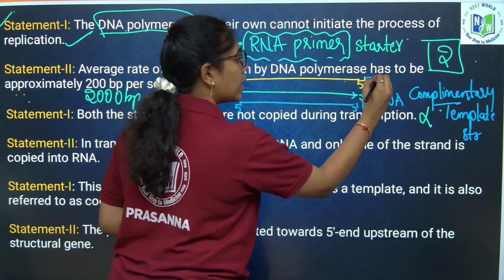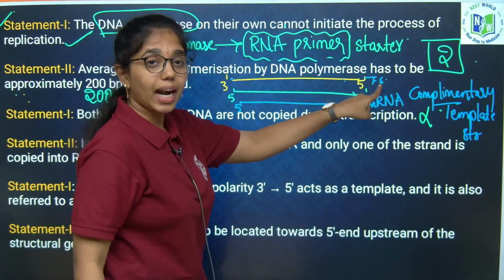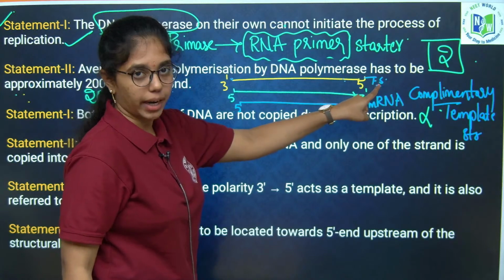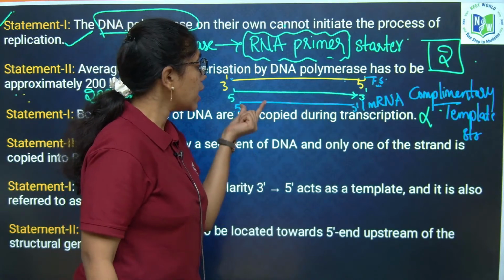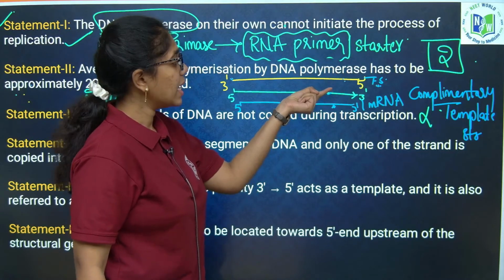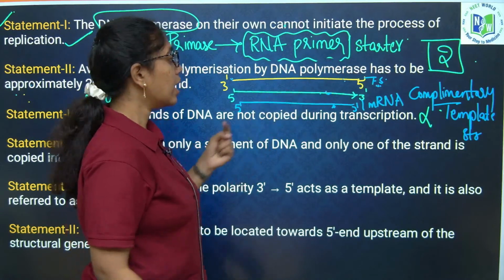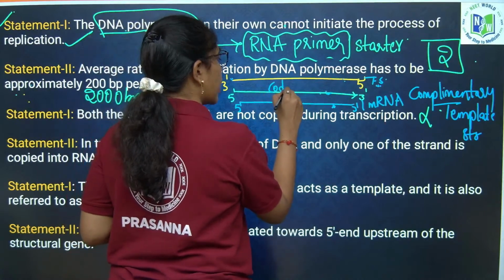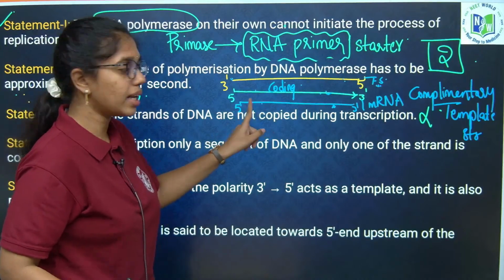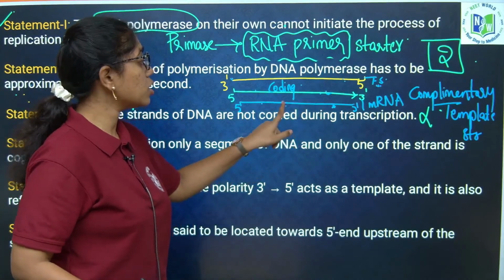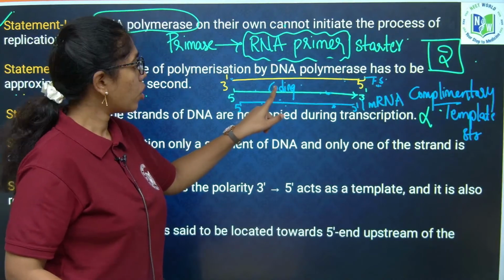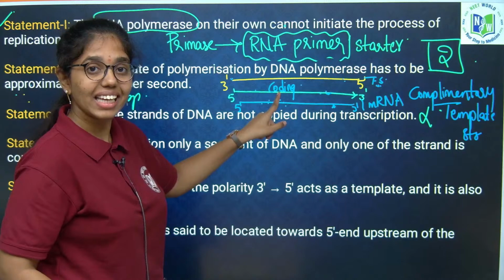Template strand is also called the sense strand and non-coding strand. The sequence of mRNA is the same as that of the coding strand, except in the place of thymine, here it will be uracil, rest everything will be the same. Coding strand is also called the anti-sense strand.